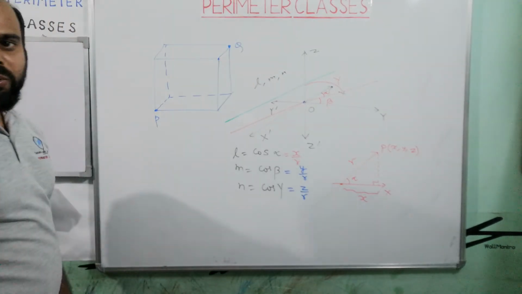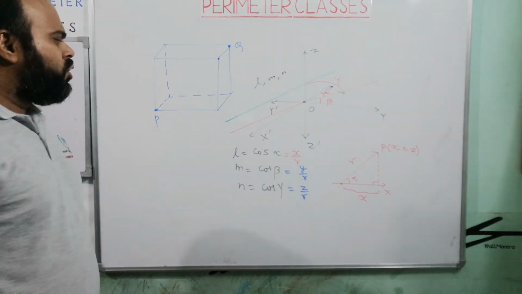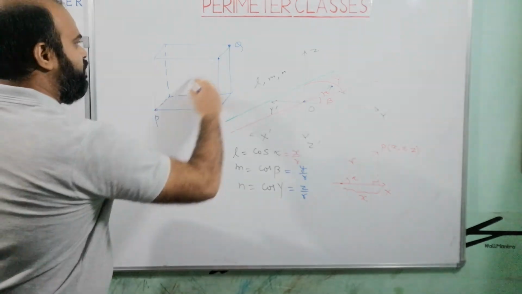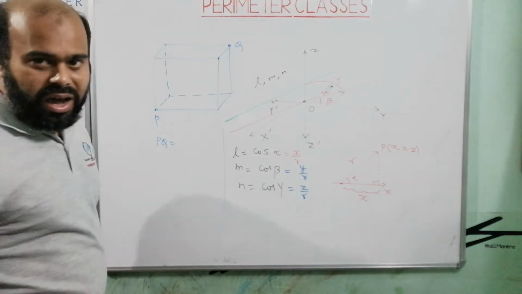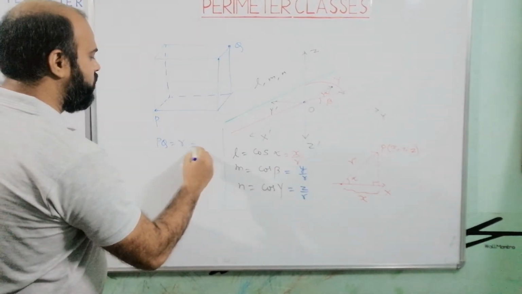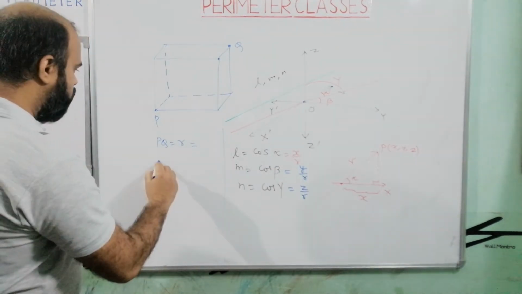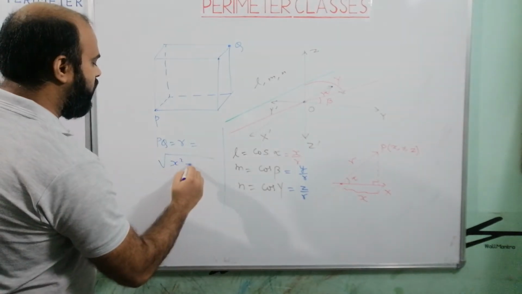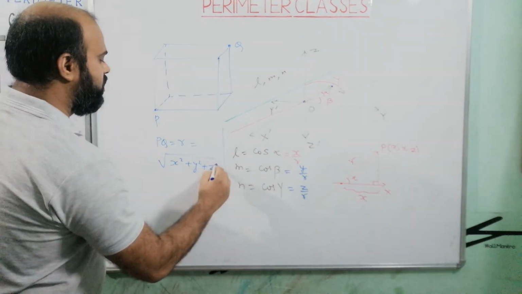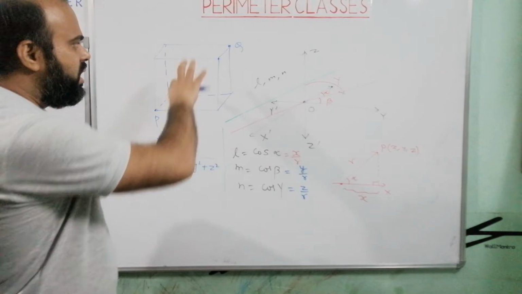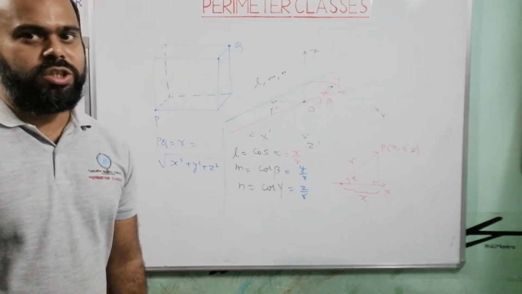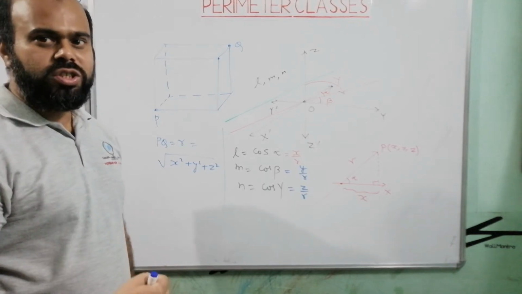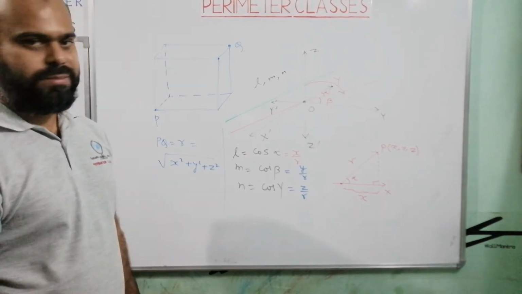The distance PQ, which we are calling R, the hypotenuse, is equal to root over x square plus y square plus z square. That is its projection on the x-axis, y-axis and z-axis, which we also call length, breadth and height.